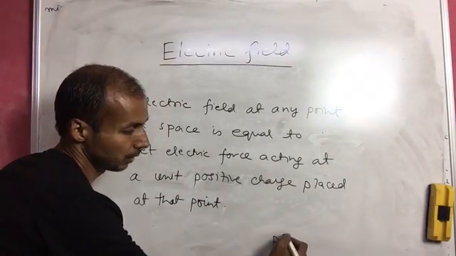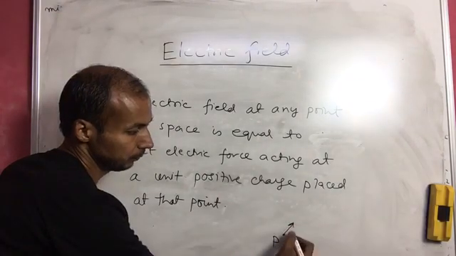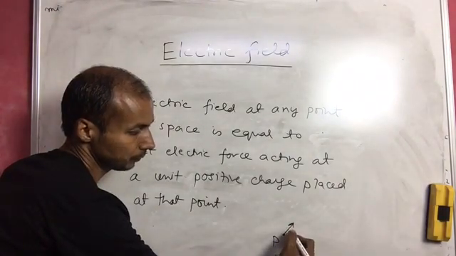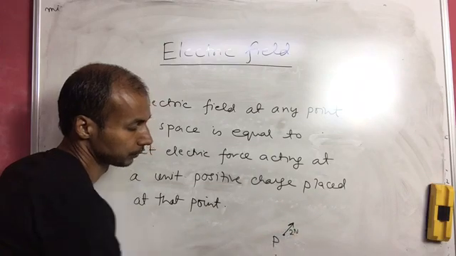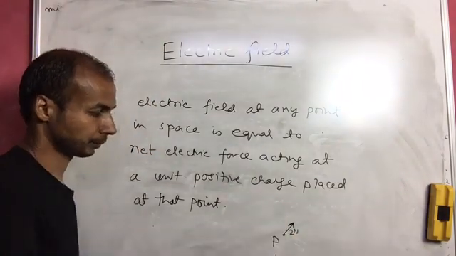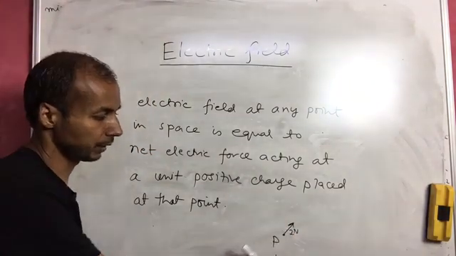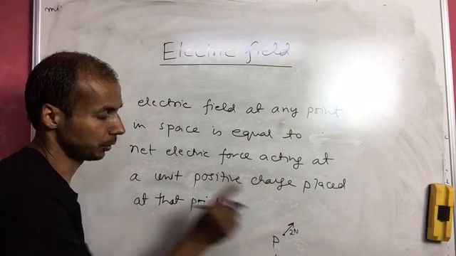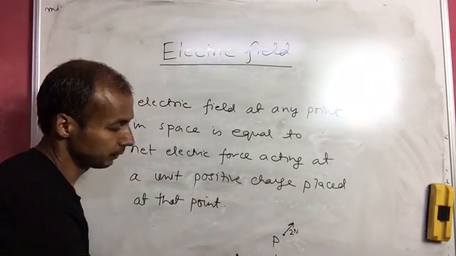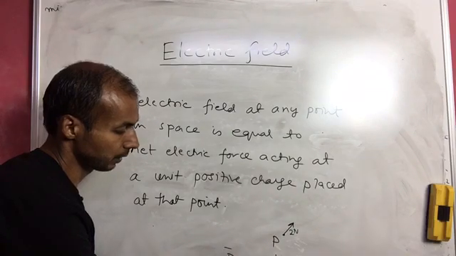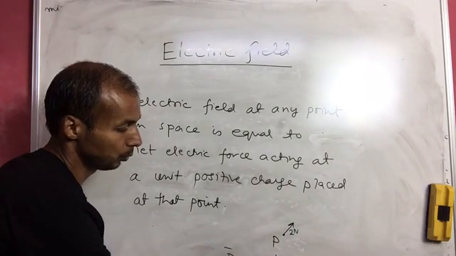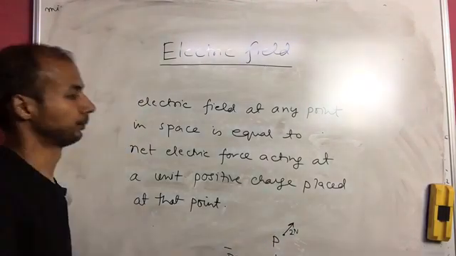Let us say 2 Newton force is acting. So the electric field, 2 Newton force is acting on 1 coulomb charge placed at this point. So the electric field at this point will be called as 2 Newton per coulomb.